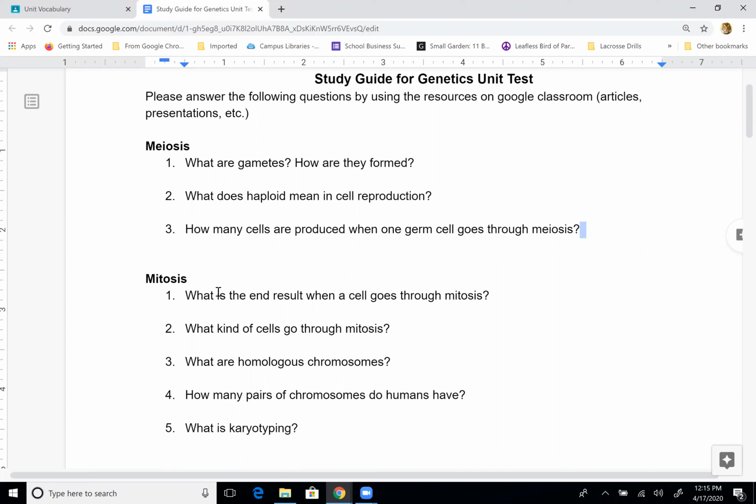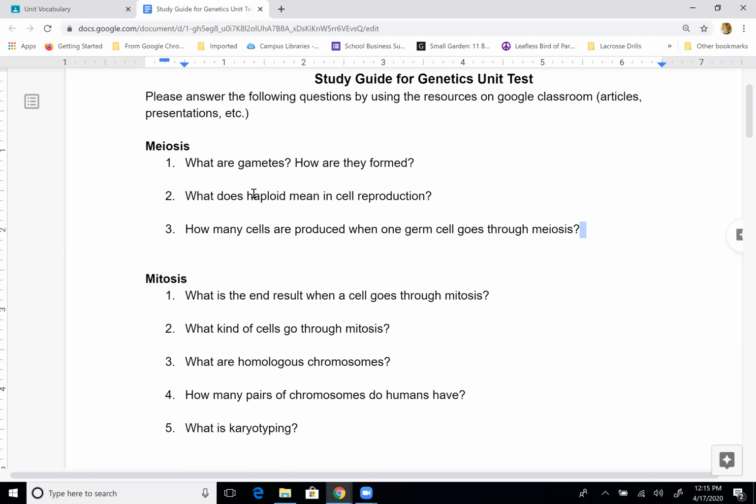They're produced using meiosis, and those are the only cells in the human body that go through meiosis. And you can remember that because sex cells only are haploid. Okay, haploid meaning half of the chromosomes. So instead of 23 pairs, there's only 23.